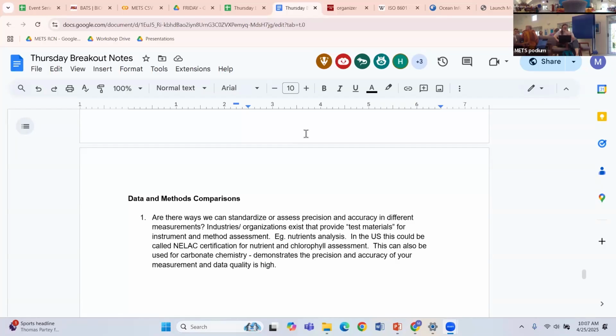Like the LTR years ago put out a book of standard methods for soils that they recommended sites use. That was because they felt those methods were mature enough. But there's lots of other things that we're doing that may not be ready for that type of consolidation in terms of methodology.